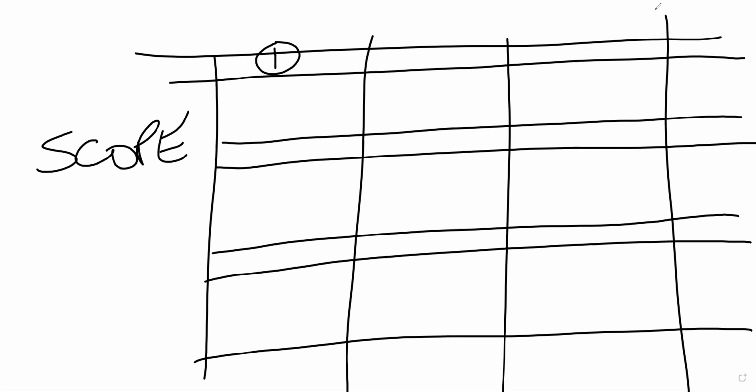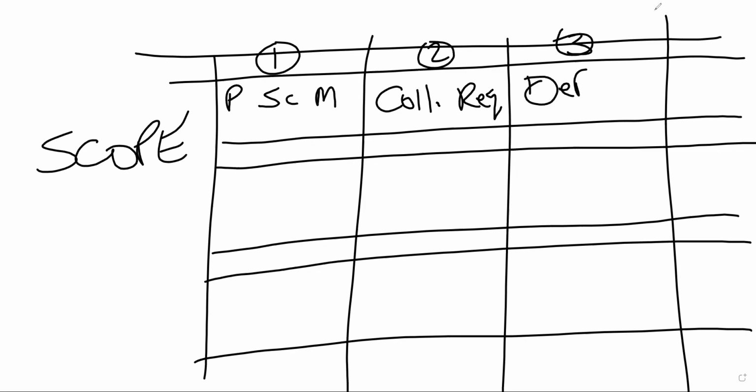First process of scope is what? Plan scope management. Number 2, what's the second process? Collect requirements. What's process number 3? Define the scope. Good.